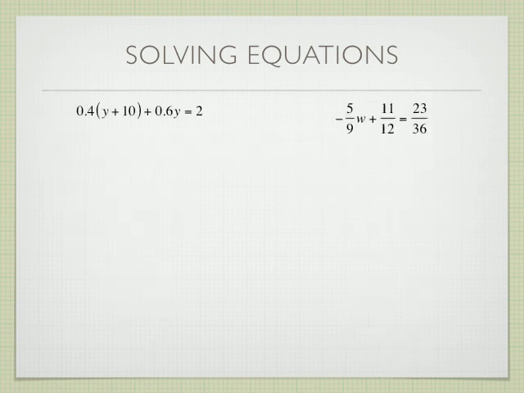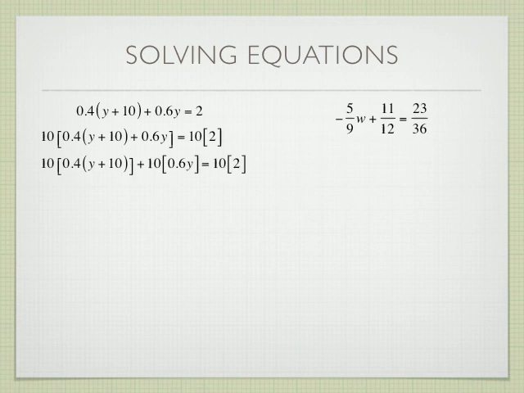Okay, for these guys, again, we're going to clear decimals on the first one. We're going to clear fractions on the second one. Look at all of the decimals there. The only thing I see is 1 decimal place on the 0.4 and the 0.6. So multiplying by 10 would be enough. Now I multiply 10 to the 0.4 times y plus 10. That's all one term.